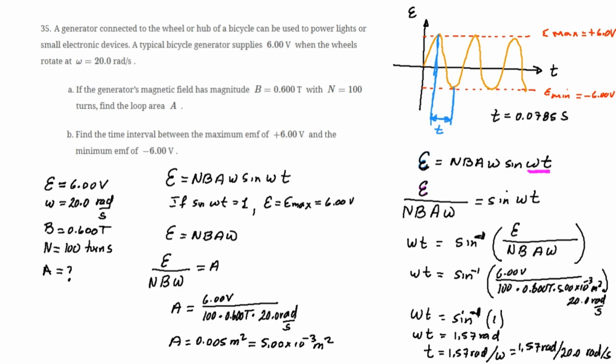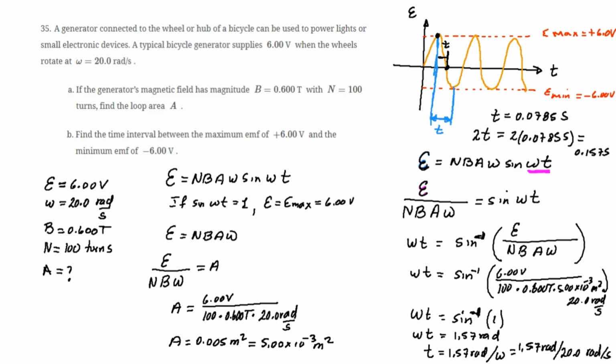Now, what t did I find? The t that I found is from 6 volts to 0. So if I want to find the time interval from 6 volts to minus 6 volts, I have to multiply this value of t times 2, which is then equal to 0.157 seconds, 2 times 0.0785 seconds.